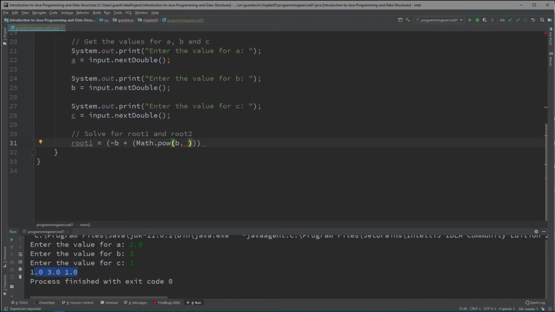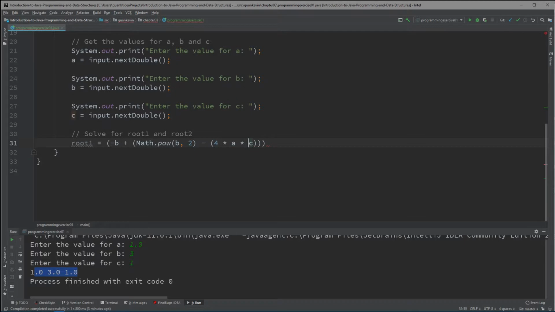In this case, I want a square, so you put in the number that you want to square, in this case b, and you put in 2. 2 to square, 3 to cube. And then you do minus 4 times a times c.